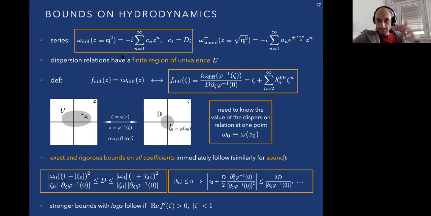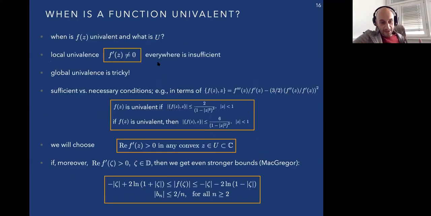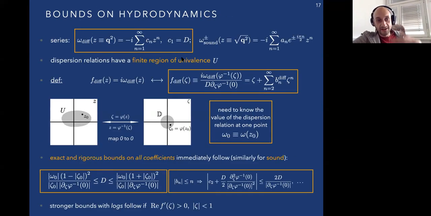They're sort of analytic at the point. And then it's easy to show that this kind of function will always satisfy this condition, at least for a finite regime of z, okay, where z here is q squared. I'm working in the variable where z is equal to q squared. For sound, it's actually more convenient to work with z being equal to the square root of q squared, but let's forget about sound for now. Let's just focus on diffusion.